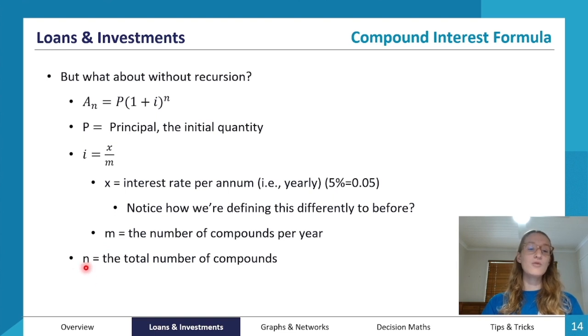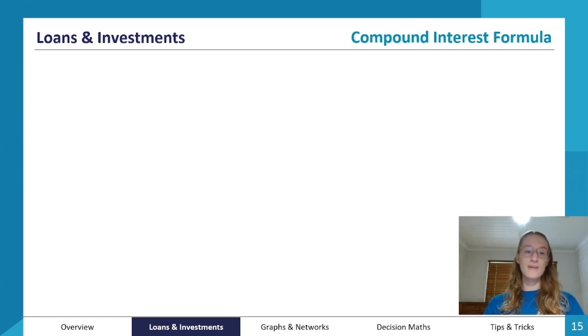That would mean N would be equal to 12 times 3, which is 36, because the total number of compounds in this loan or investment would be 36, because it's compounding every single month for 3 years, and 36 months gives us 36 compounds.